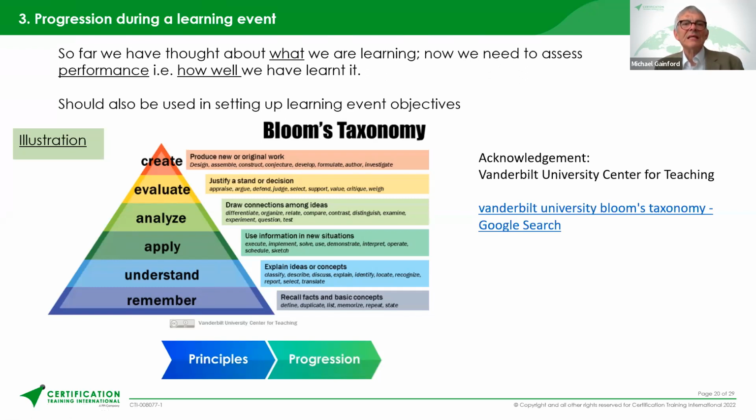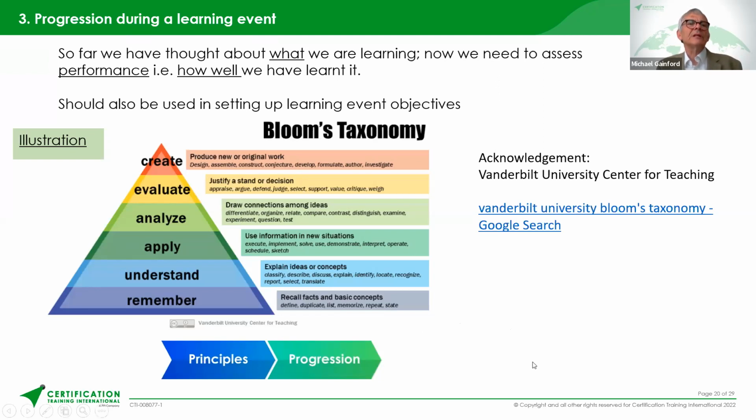Whereas for the CSAP certification, you need to give evidence that you've applied that knowledge. So there is a way of, if you like, relating the ASEP and the CSAP to this particular taxonomy. And you can see how, as you go up to the top of the pyramid, we build and build on the power of that knowledge to the point where we're now creating brand new knowledge based on what we learned in that learning event.